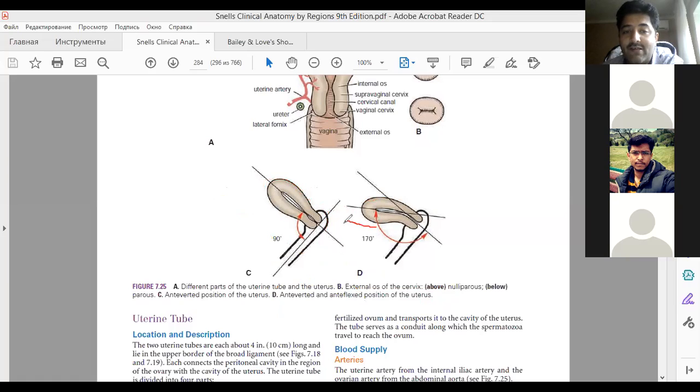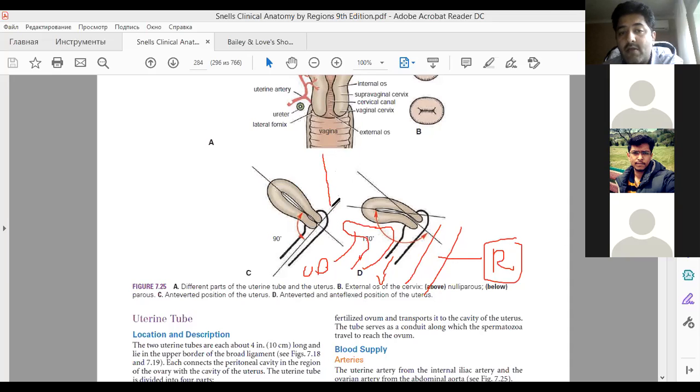For example, this is our urinary bladder. This is our vagina, and this is the rectum or the anal canal. Now see, the peritoneum is covering the superior border of the urinary bladder only. Now it is covering the uterus like this.